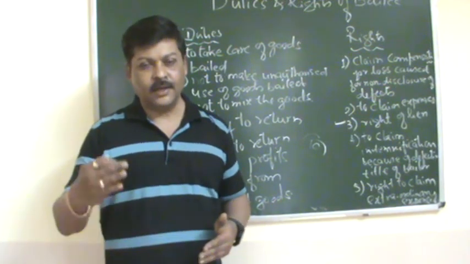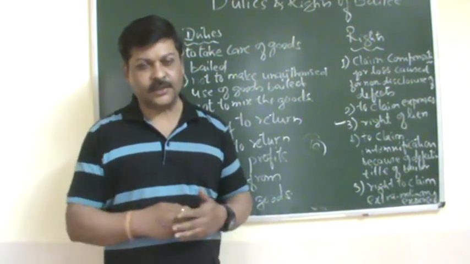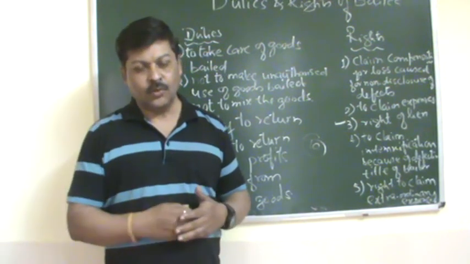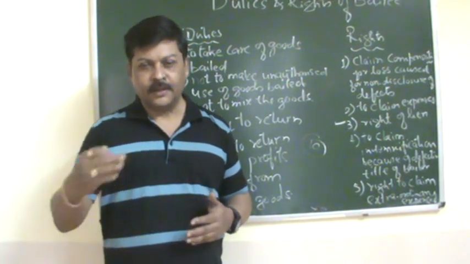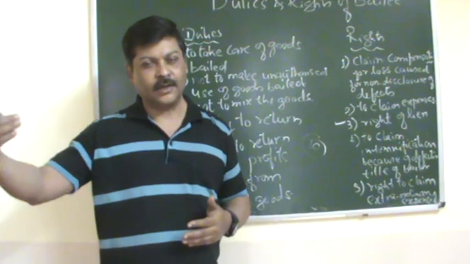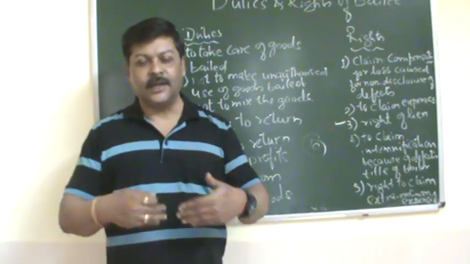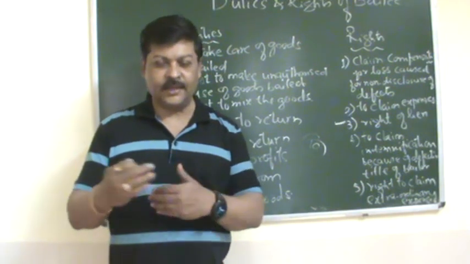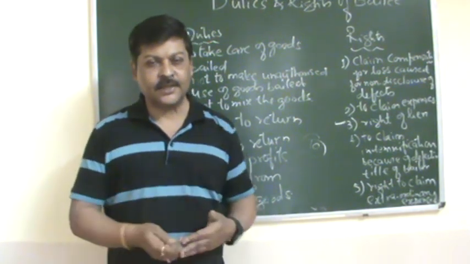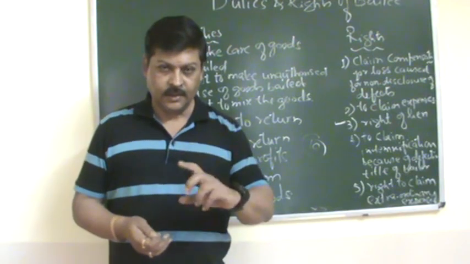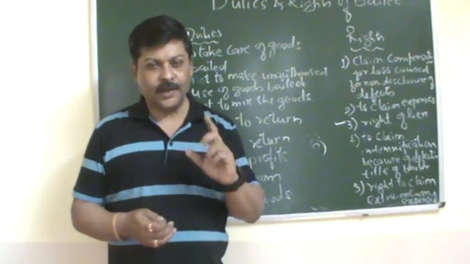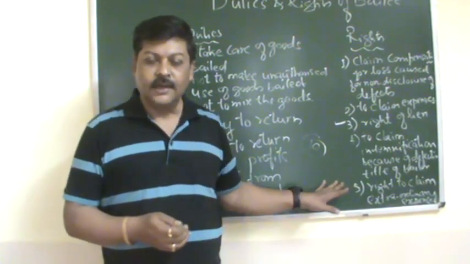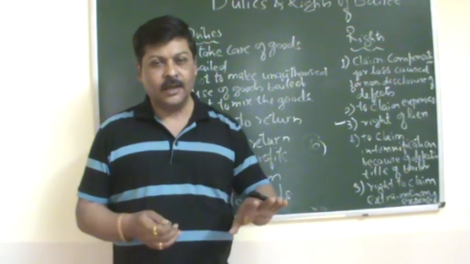Then we are taking pledge and agency, the remaining 2 specific contracts. Then we have the Sale of Goods Act, and those are very small acts. In 2 or 3 classes we can wind up these topics.